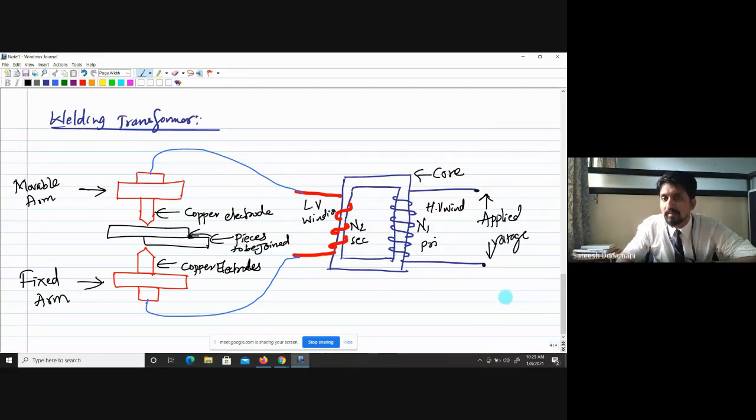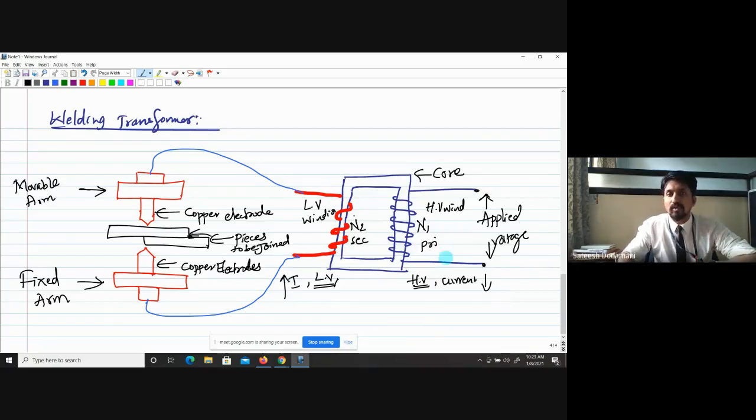Because the number of turns is more here and less there. Because of that, on this side high voltage will be there and on this side low voltage will be available. As high voltage is on this side, the current on this side will be lesser, and as low voltage is here, the current will be higher.